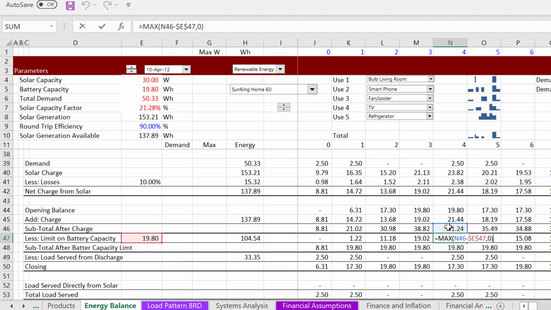So this is this number minus that, and it could be negative, so we have to put a maximum of 0 in. And then the actual amount you have in the battery is this much. So what happened is you weren't able to use this solar capacity. Basically, you wasted this solar energy because you couldn't put it in the battery, and you didn't need it for the demand.